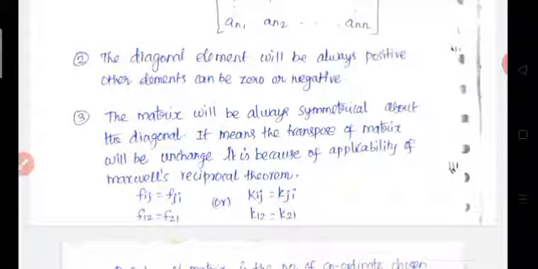Therefore the transpose of the flexibility or stiffness matrix is the same as the original matrix. That is, Fij is equal to Fji, or F12 is equal to F21. For the stiffness matrix, Kij is equal to Kji, K12 is equal to K21.